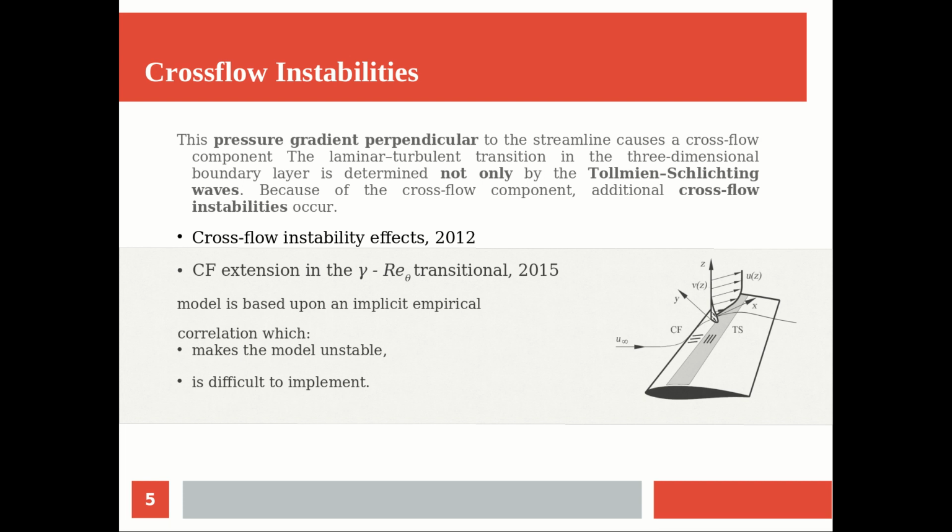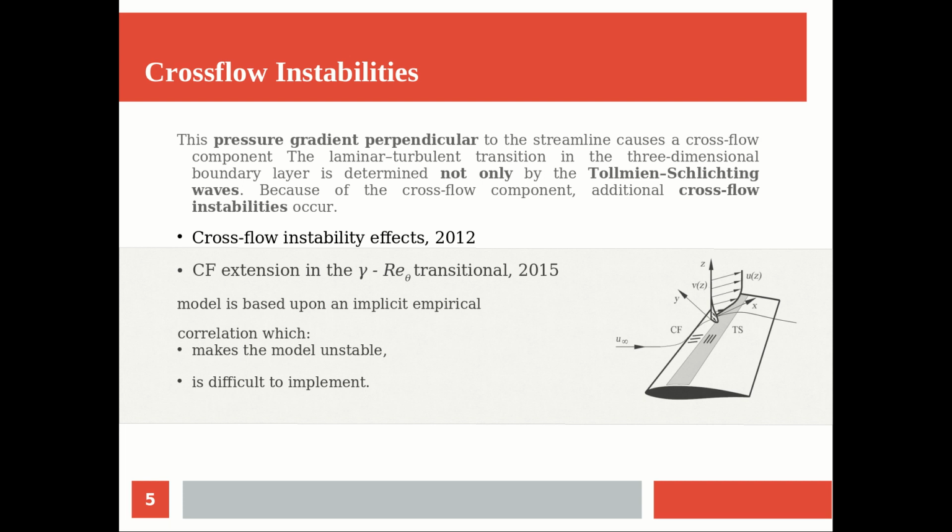So for considering crossflow instabilities, you had to solve a transport equation. In 2015, the very first group who proposed the gamma-Reynolds-theta equation considered an implicit empirical correlation, and they added it to the diffusion term in the Reynolds theta equation to consider this type of instability.